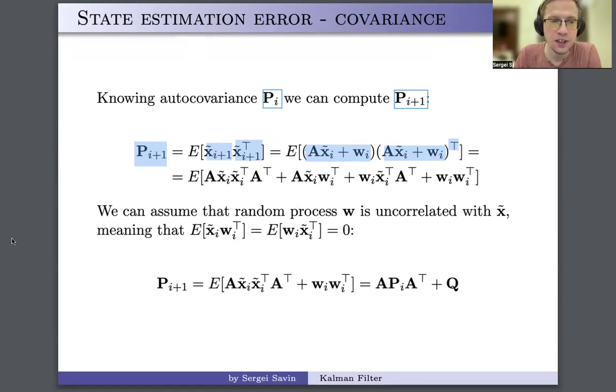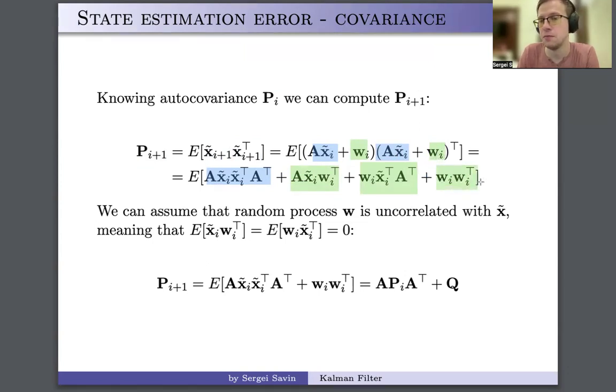Now, when we open these brackets, this will multiply this, right? So we are going to have A times x tilde transpose A. We're going to have two terms which look like this: A x tilde omega transposed and omega x tilde transposed A, which come from multiplying those together.